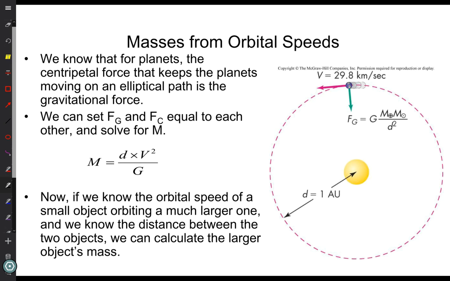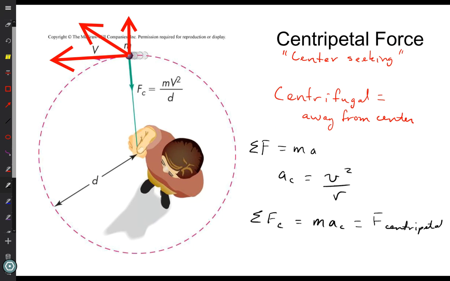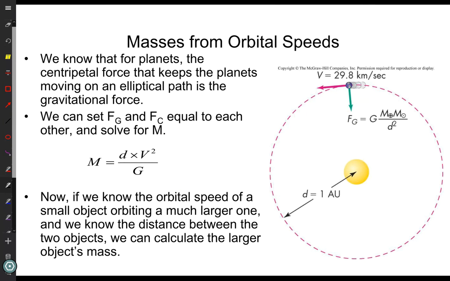Now looking at what I wrote on the previous page, the sum of the forces toward the center is mass times v squared over r. So I can write the sum of the forces toward the center as the mass of which object? Are we looking at the sun or the earth here?